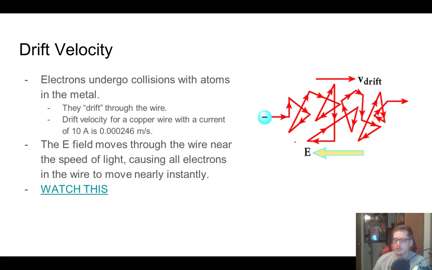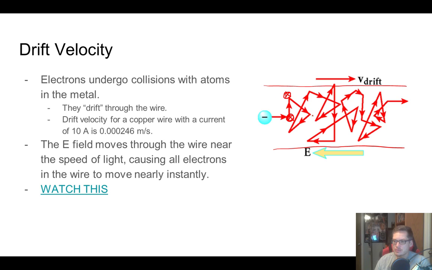All right, so what really goes on in there is kind of exactly what we saw with those marbles. Okay, you can imagine here, this is our electron, and this is just an imaginary path that this electron would take inside of our wire. So this is our wire like this, and this is our electron going, and at each of these points where it changes position, this is a collision point. So it either hit another, like a proton, neutron, electron, it doesn't really matter, it just hit something and it made it change direction.